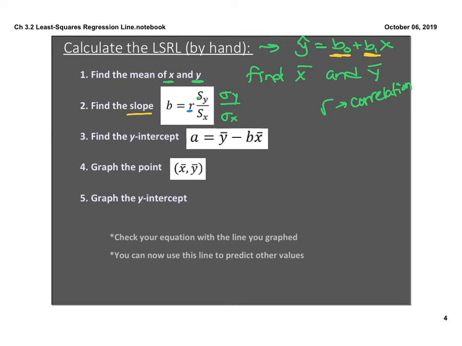Then we would find the y-intercept by plugging in, we would now have our b, plug it in. We take the mean of y's minus b times the mean of the x's, and that gives us a. And then we can write up that equation. Graph the slope, graph the y-intercept.